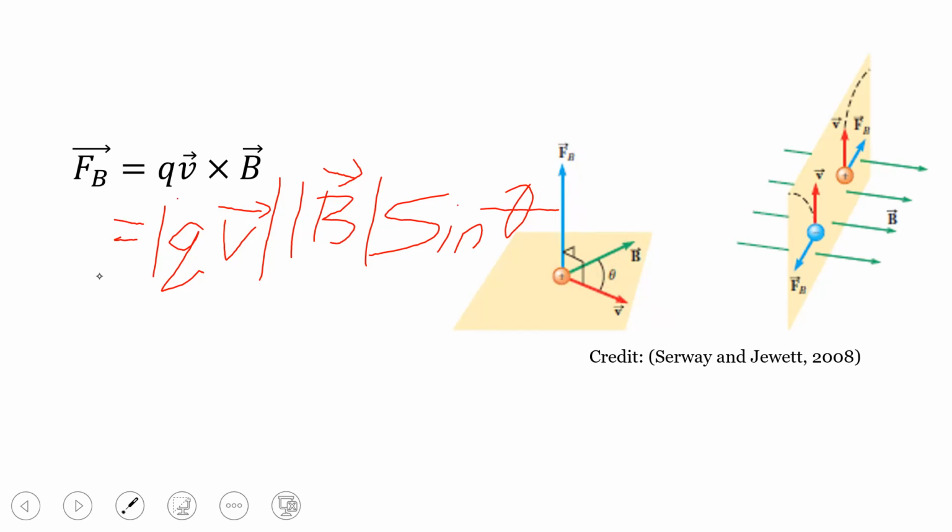And if V has the same direction as B, that is, if the angle between V and B is 0, that is, if the red line lies on the green line, then we would not see any blue line there, because sine 0 is 0, and no magnetic force will be experienced when the direction of the velocity vector and that of the magnetic field vector are the same.